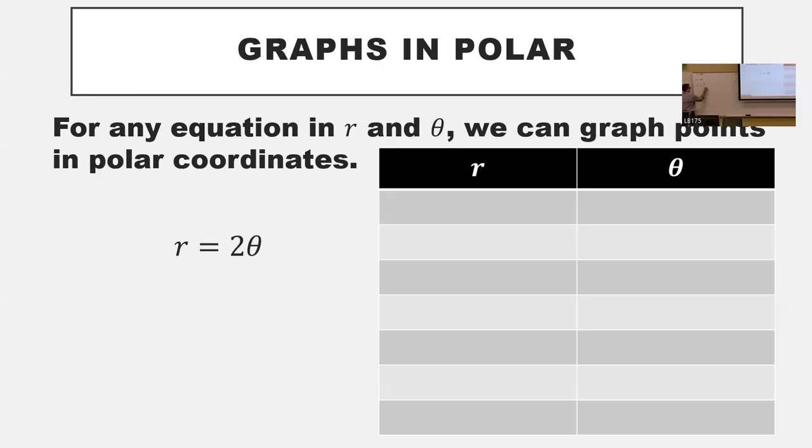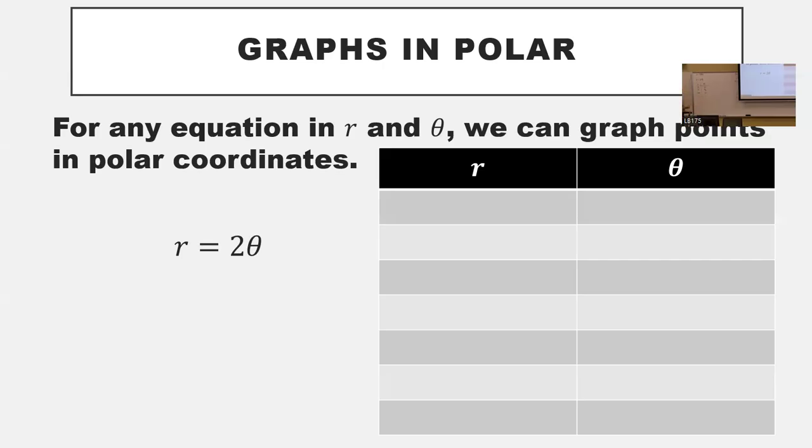So for instance, if I put theta of 0, then 2 times 0 would be 0, r would be 0. If I put a theta of, let's say, pi over 2, then r would be twice that amount. So that's just pi. If I put in a theta of pi, then r would be 2 pi.